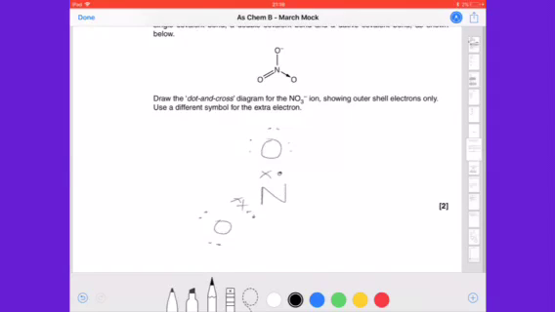And finally you have a dative covalent bond, which means that you have 2 electrons which come from the nitrogen, because the arrow is pointing away from the nitrogen, to the oxygen atom. That oxygen has 6 electrons of its own. And that there, once you've put the brackets around it and the negative charge in the top corner, should be your dot cross diagram for the nitrate ion.